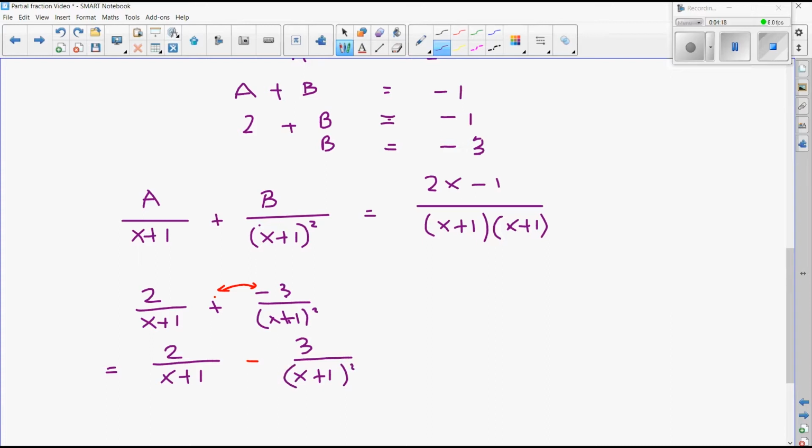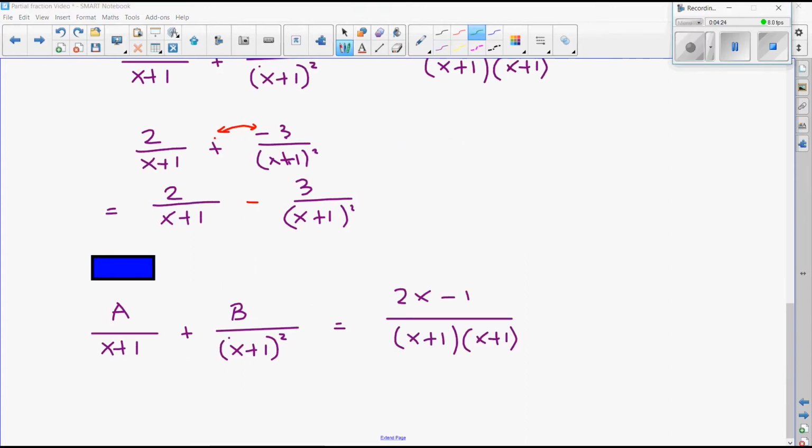So I have broken it up, or resolved, or decomposed it into partial fractions. We could use the cover-up method to find one of the numerators. However, the cover-up method will only give me the value of B. We know that the factor is x + 1, and if I equate this to 0, I get x equals -1.